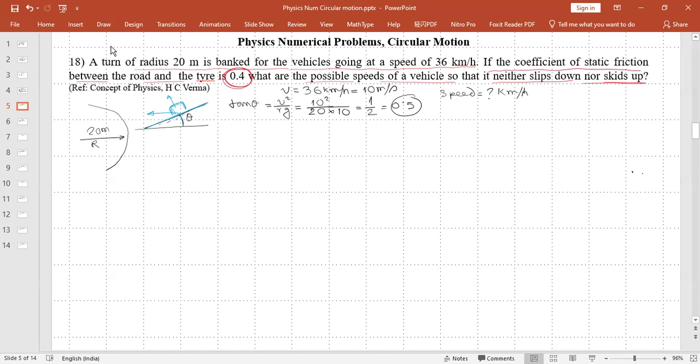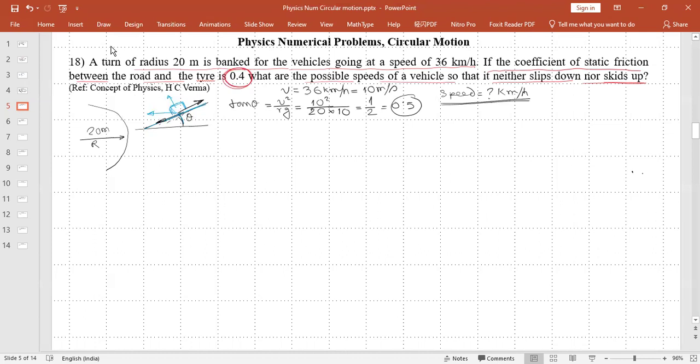Whenever you go to a highway, you will find this. It means that the banking is designed for a certain velocity of the car. If you drive at a very low velocity, there is a chance that the car will slide down the ramp. And if you drive too fast, there will be a chance that the car will skid upward the banking. So that is why it is very important on highways, where you normally drive at a high speed, to maintain the speed limit because the road is designed for that speed.